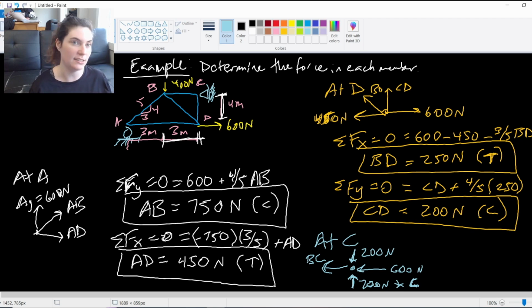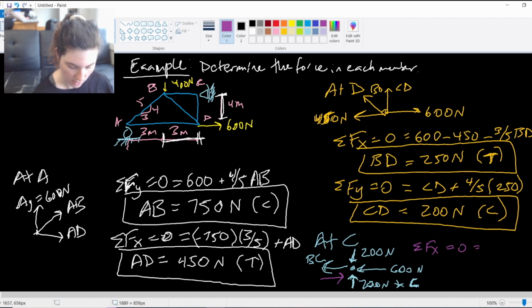So my BC is going to be in compression as well, right? BC should actually be pointing this way. To be in equilibrium, if I do my sum of forces in the x direction equals 0, I would have negative 600 minus BC. My BC would be negative. So BC is 600 newtons in compression.